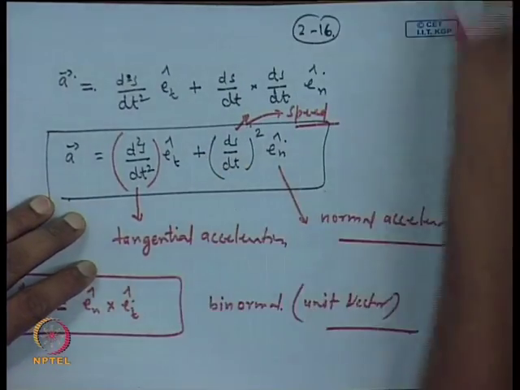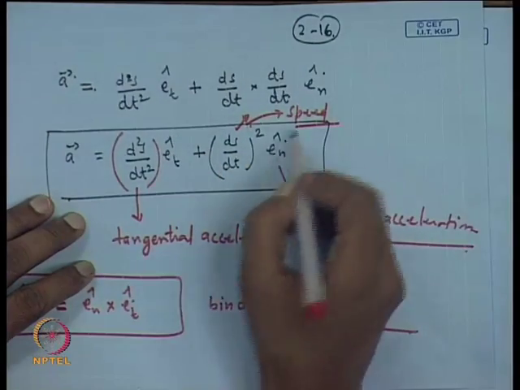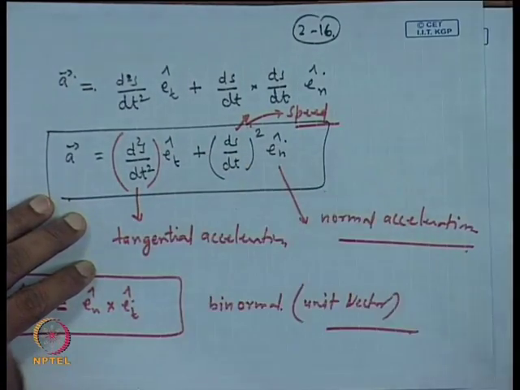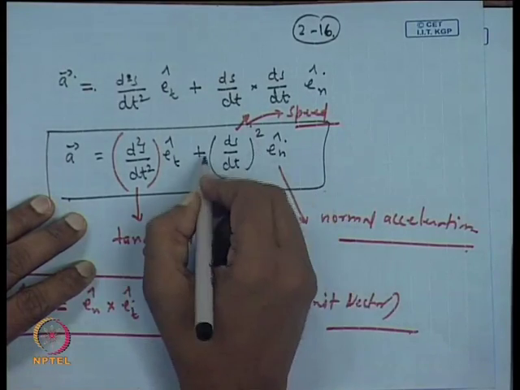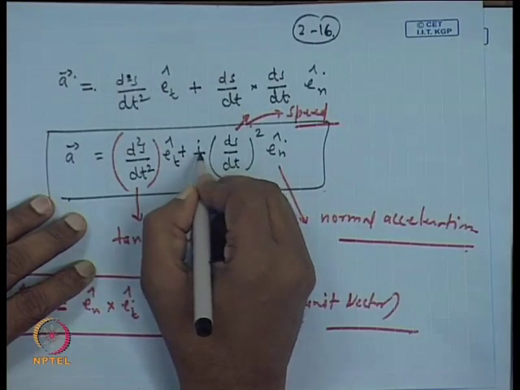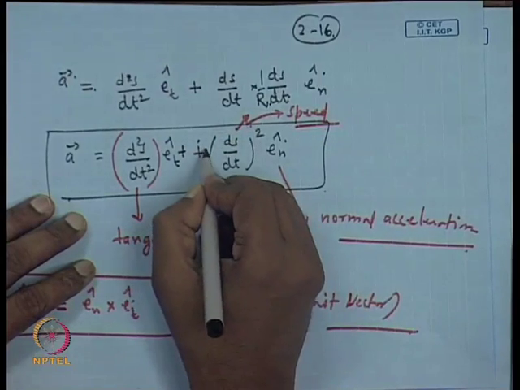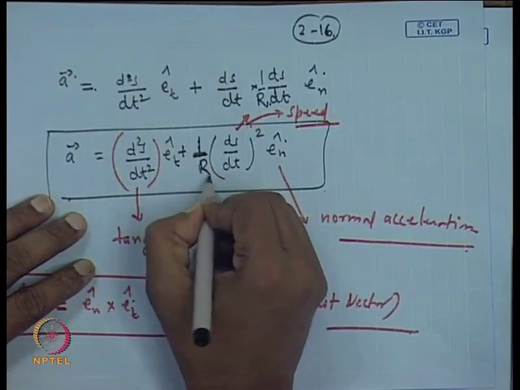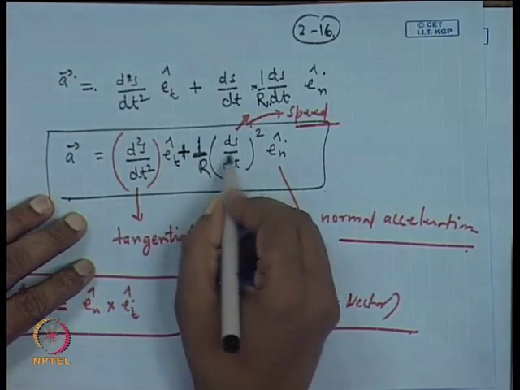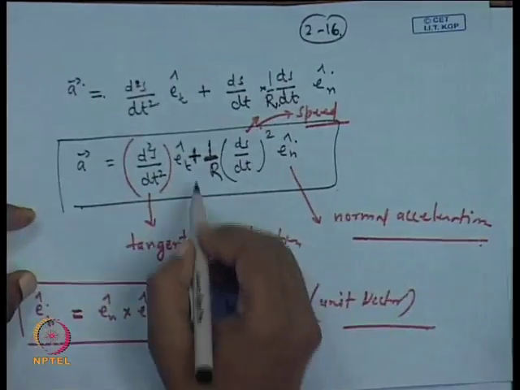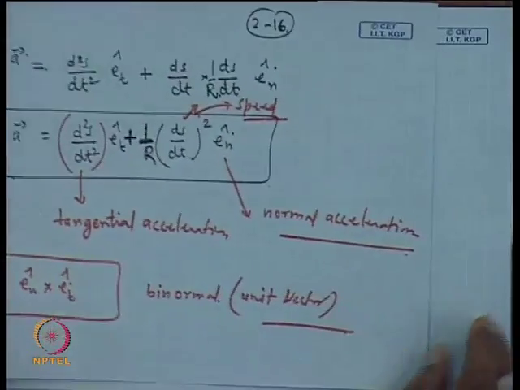Now, once we have done this, here we are missing one term, the 1 by r in E_n. So, we introduce 1 by r here; moreover this is ds/dt times 1 by r. So, here we will have a term 1 by r times (ds/dt) squared.